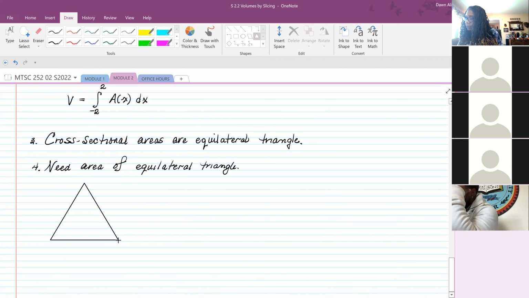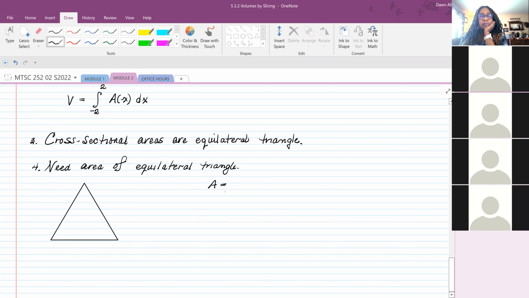So what's the area of any triangle? One half base times height. Good. So the area of any triangle is 1/2 base times height, right?